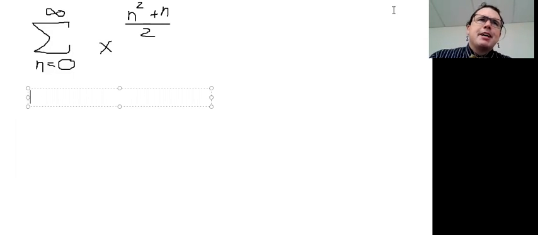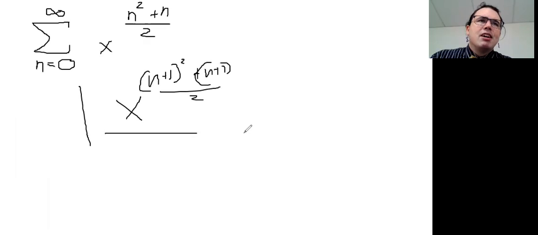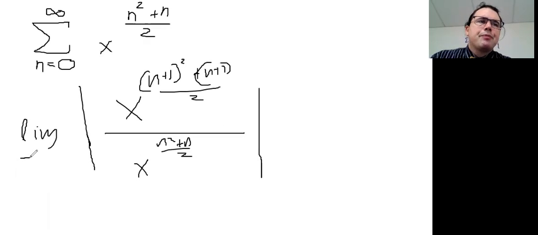So in the ratio test, I would be looking at the absolute value of x to the power ((n plus 1) squared plus (n plus 1)) divided by 2, and then the denominator is going to be x to the power (n squared plus n), all divided by 2. And I want the limit of all this as n goes to positive infinity.